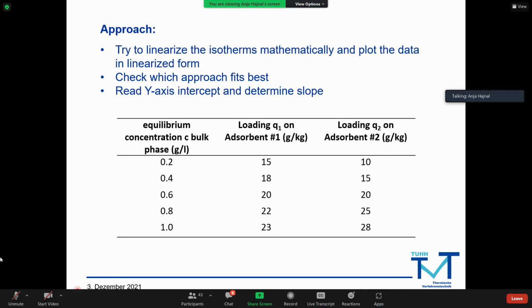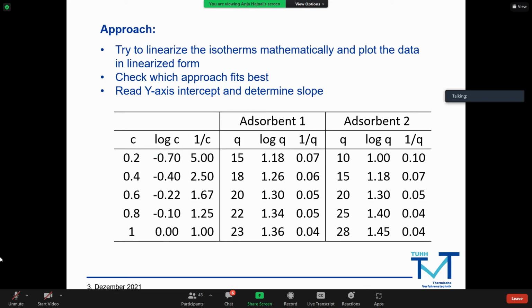So you have C and Q. This is the equilibrium, this is the C, and this is the Q1, and this is the Q2. So you have all these values given in the task. And then you just put 1 over Q and 1 over C.